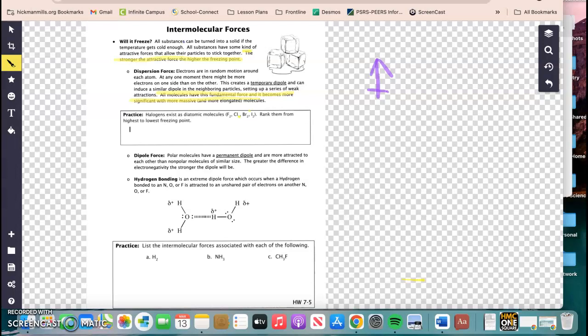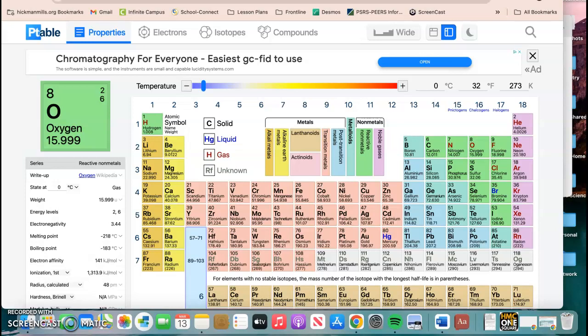If we go to our periodic table, remember the trend that atomic radius, or atomic size, increases as you move down a column, from top to bottom, and it increases as you move from right to left. For us, we only have to look at the halogens. They are these four green ones right here, where iodine is at the bottom, followed by bromine, then chlorine, and then finally fluorine.